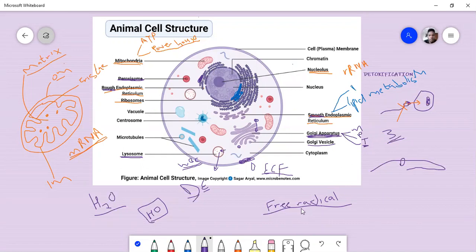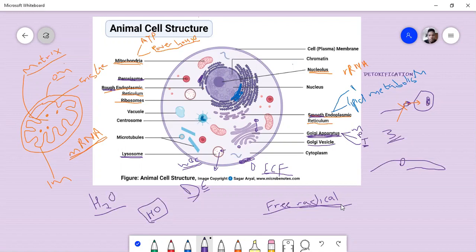Right? So what a radical is, it's an element that lacks an electron. Because you remember when you were back in high school, when you were drawing Bohr diagrams, that electrons must always be in pairs, right? So if it lacks an electron, it will go around the body looking for what?